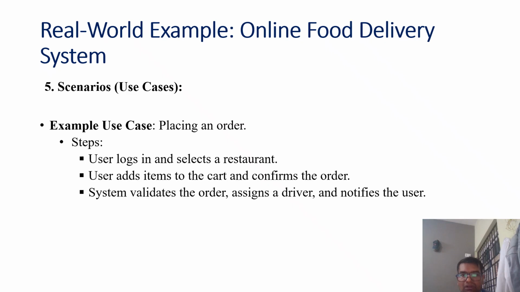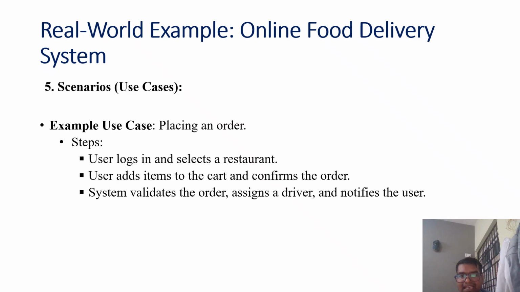First the user logs in and selects the restaurant, veg or non-veg, according to his preference. If he selects veg items, he has to select different veg items like curry, chapatis, or different kinds of vegetables, or a veg burger, and add the items to the cart.